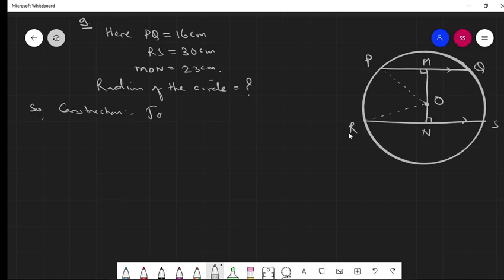We know PM equals 8 centimeter, because PQ is 16, that's why PM is 8 centimeter, and RN equals 15 centimeter. The reason is the perpendicular drawn from the center to the chord bisects the chord.